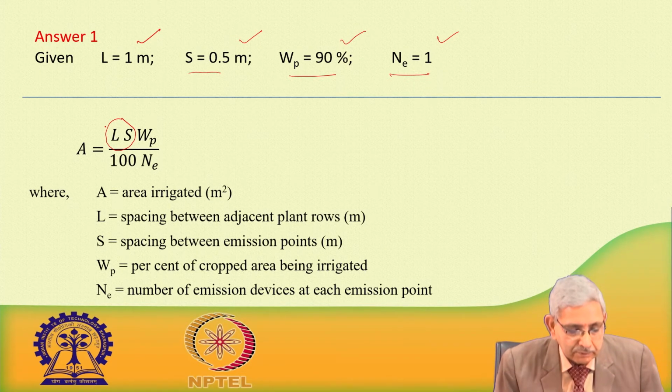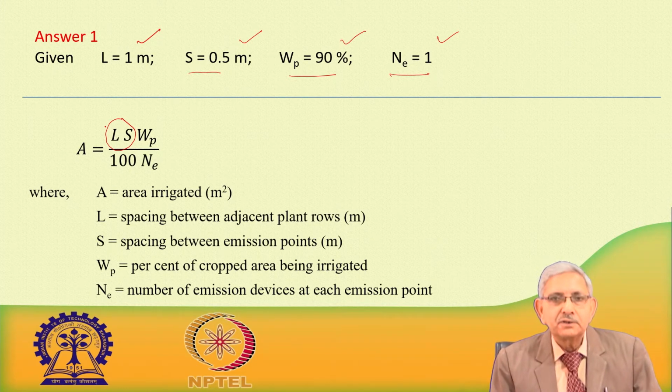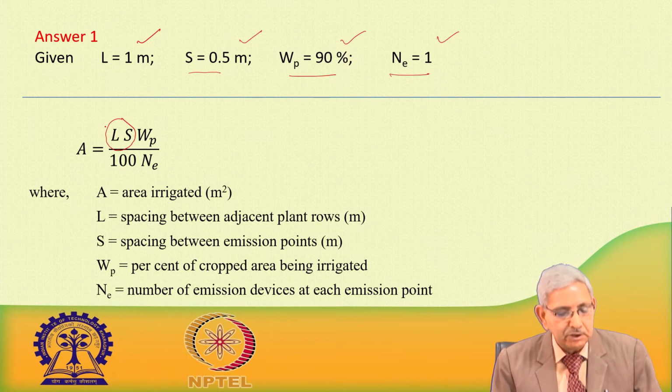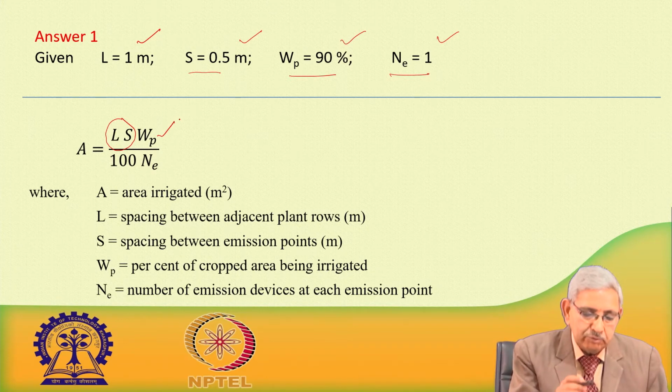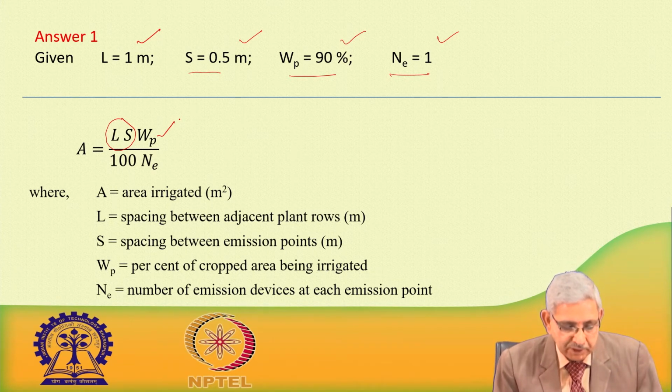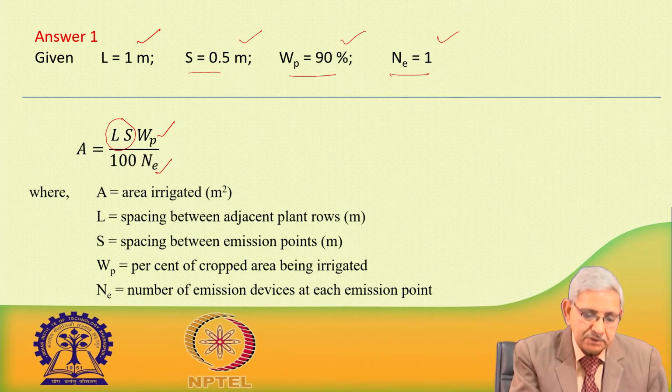So, the area irrigated by each individual dripper is based on the spacing between the plant rows and the spacing between the emission points. This area, L into S, is to be multiplied by the wetting percentage, which is given as 90%, and the number of drippers is N equal to 1.